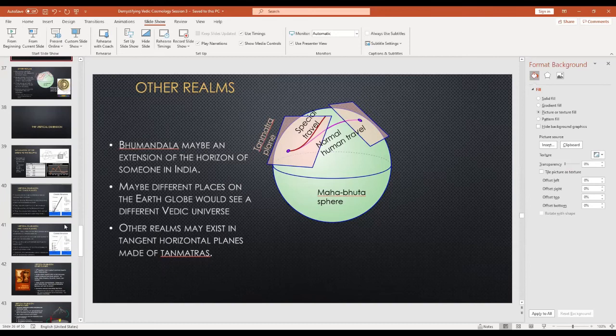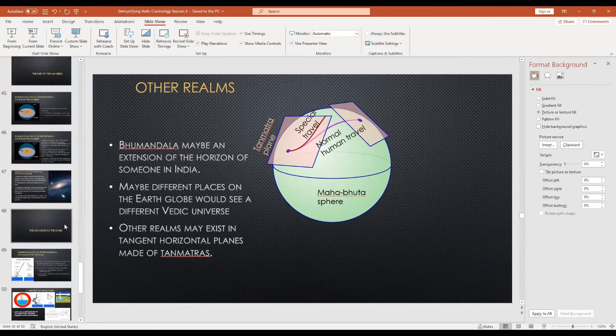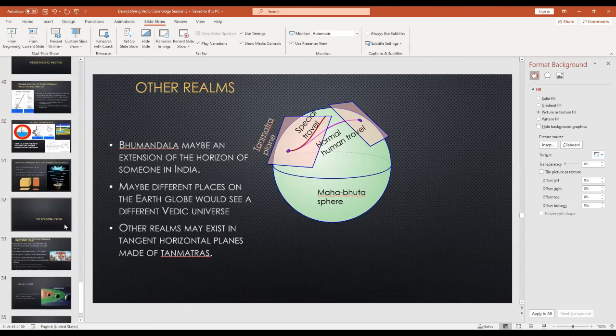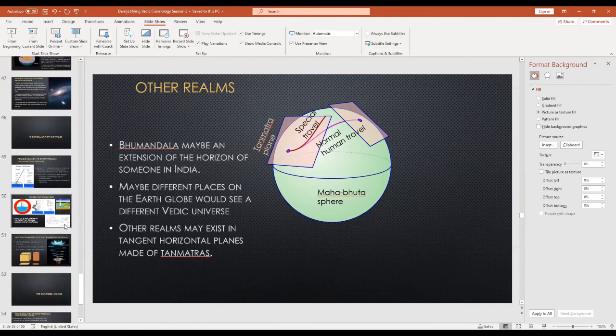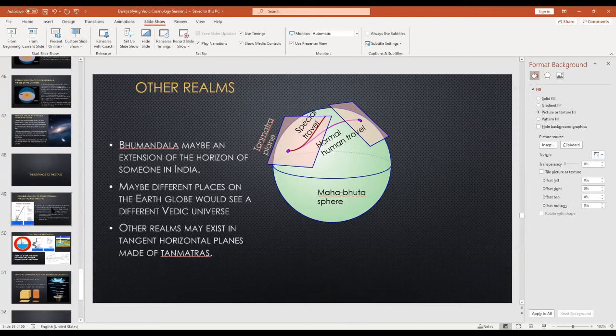Okay. If you followed the logic that I was trying to give here, it seems that what Shukadev Goswami is trying to give to Maharaj Parikshit is not so much a comprehensive view of the entire universe.